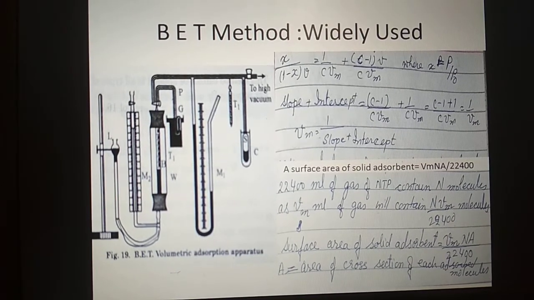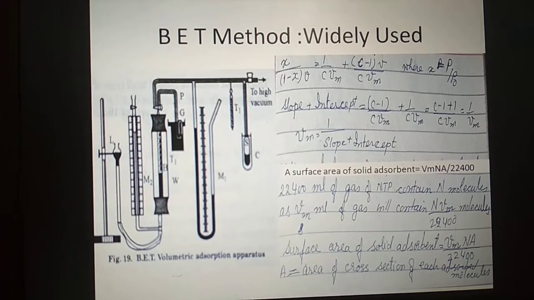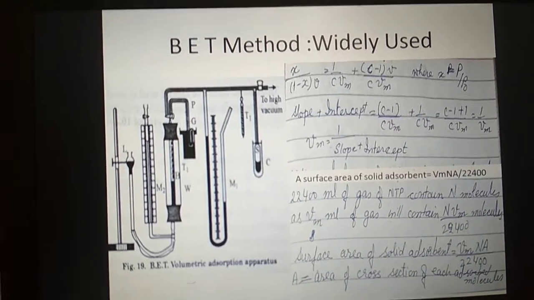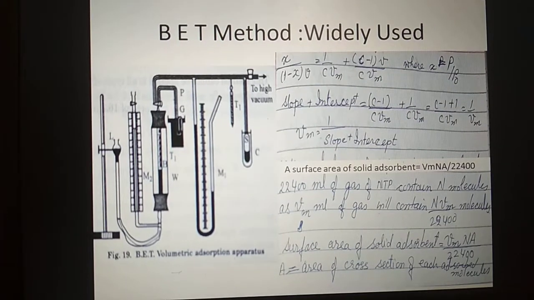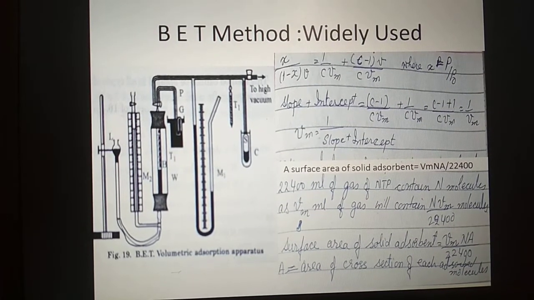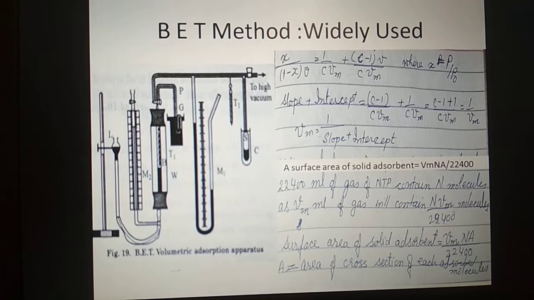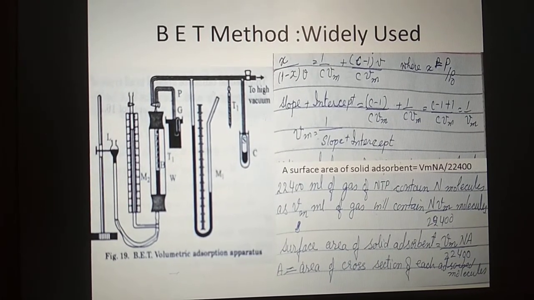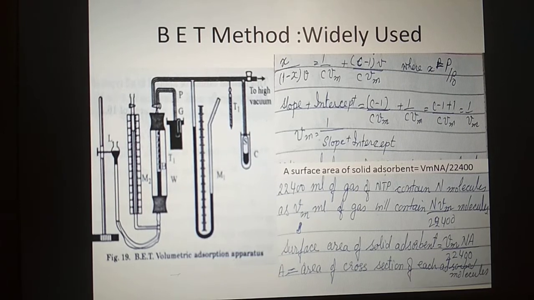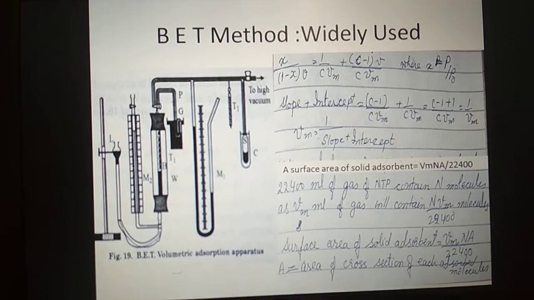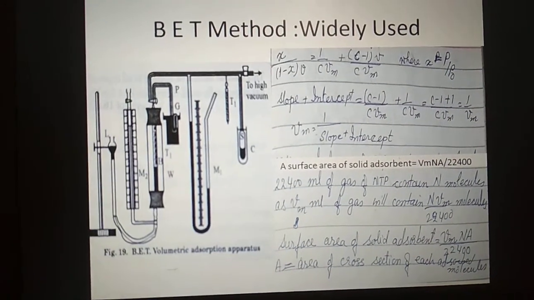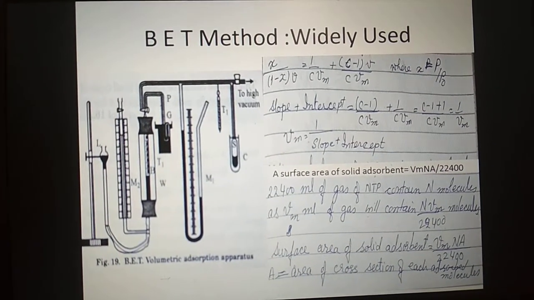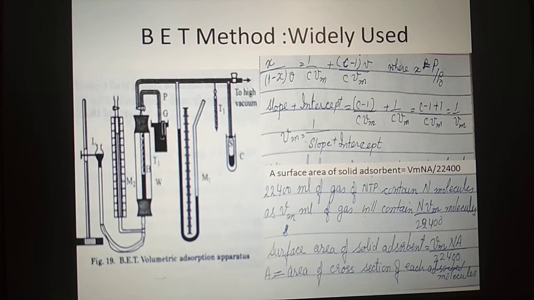The monolayer volume is found out by using volumetric adsorption apparatus. The principle is simple. The pressure, volume and temperature of a quantity of adsorbate are measured by manometers M1 and M2, burette E, and thermometers T1 and T2. The amount of gas present is calculated.